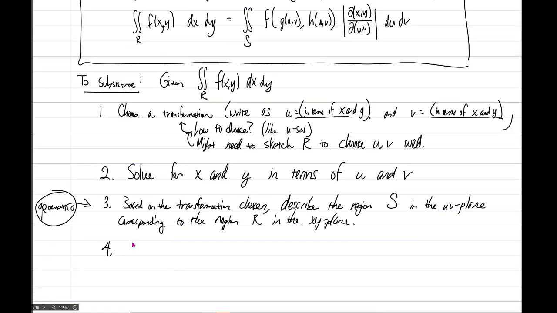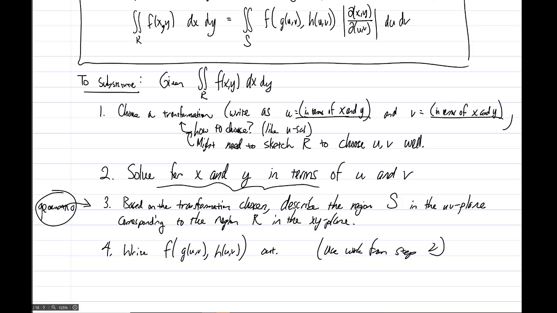Step 4. Then write f of g of u comma v comma h of u comma v. The work from step 2 is going to be helpful. Okay, write this out. Use the work from step 2. After all, in step 2, you solve for x and y.